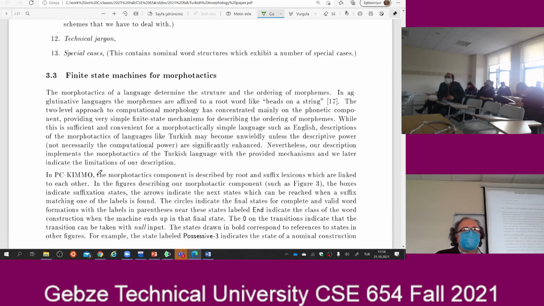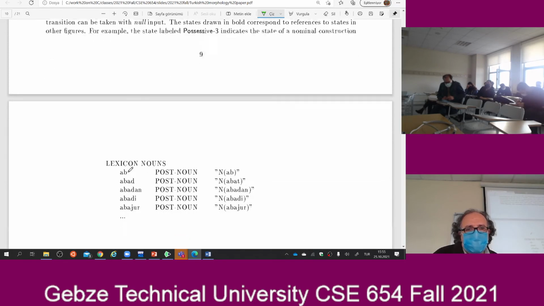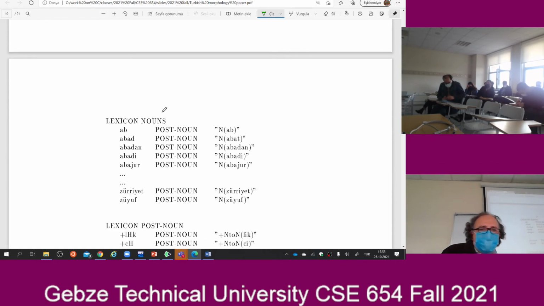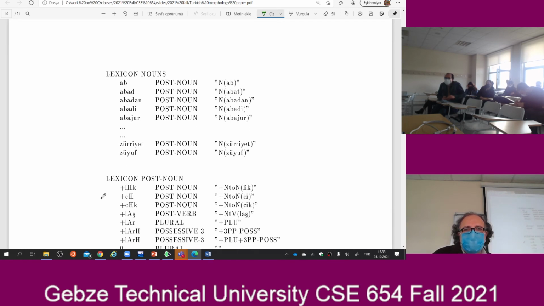Okay, so let's look at the finite state machine for morphologic analysis. Okay, again the rules are in PC Chemo. Let's start with, okay, these are our lexical words. There are 27,000 of them. I think I was asking what is the first word in the dictionary. Somebody said abajur.